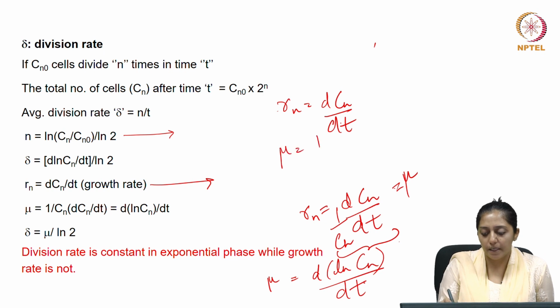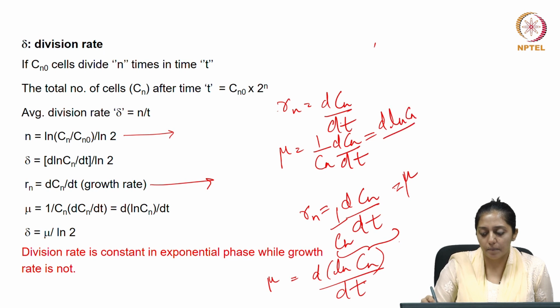Specific growth rate will be 1 by Cn dCn by dt. Now, this can also be written as d ln Cn by dt, isn't it? Now, do you remember what was d ln Cn by dt?